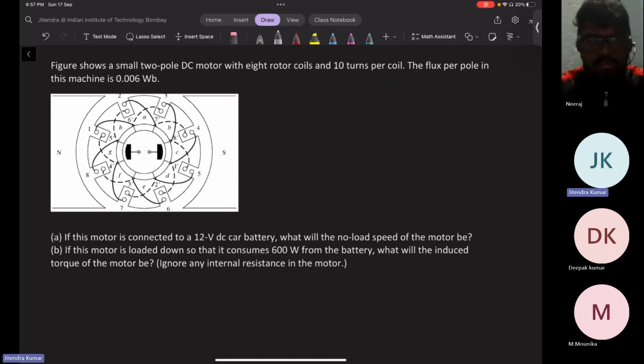In this problem, you can see the configuration of windings. Also, they are connected from the armature slots to the commutator. This machine is a two-pole DC machine, a DC motor essentially, with 8 rotor coils and 10 turns per coil. The flux per pole is also given, 6 milliweber.